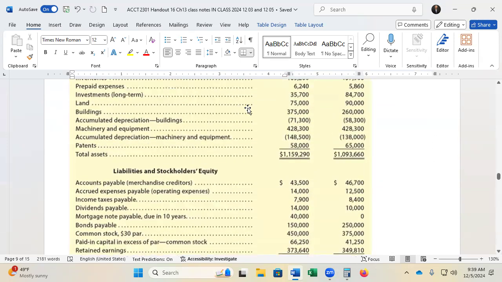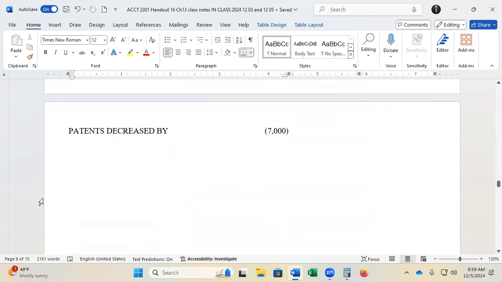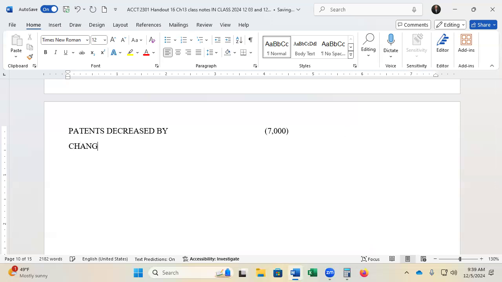We have buildings went from 260 to 375, $115,000, right? And so we know that was constructed.